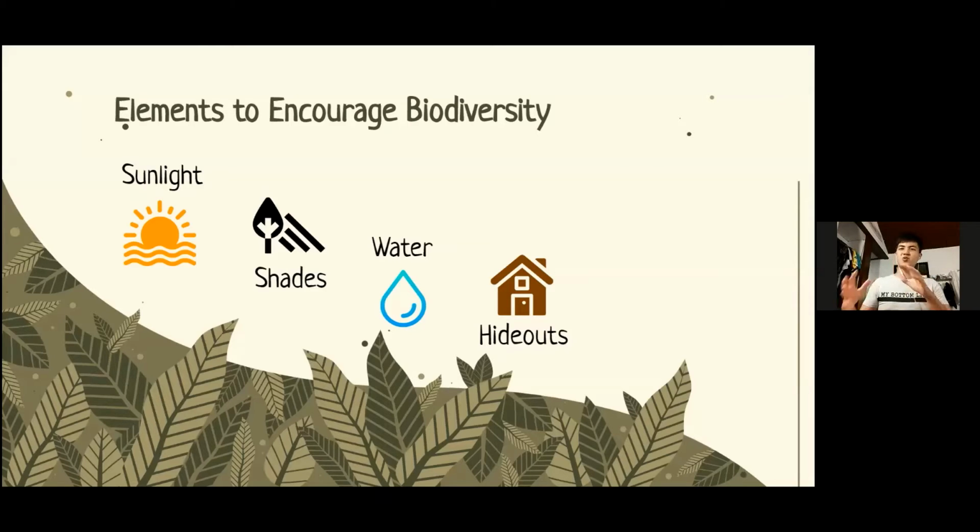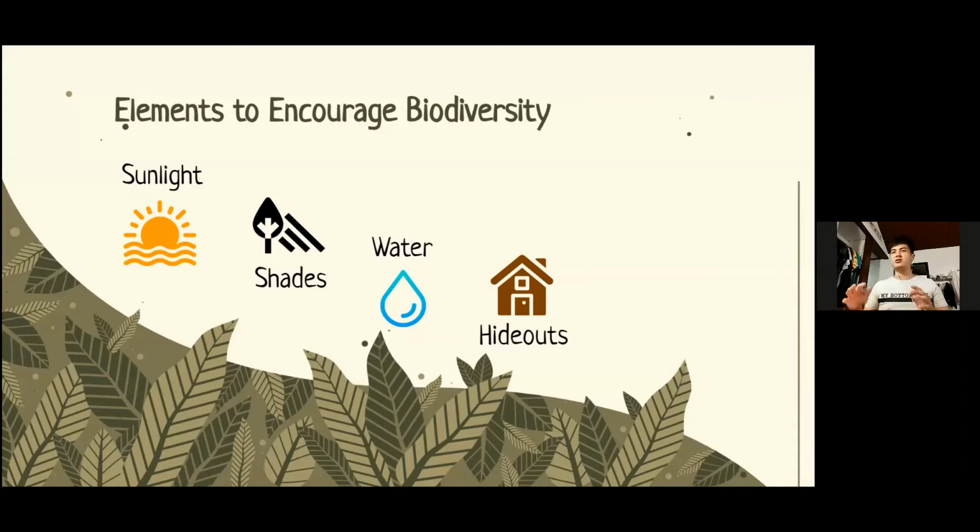And of course, with sunlight and shades, we need water, because both animals and plants need water. So definitely water is a must to encourage biodiversity, whether the water is a puddle or you have a continuous supply of water. They are both important in that sense.